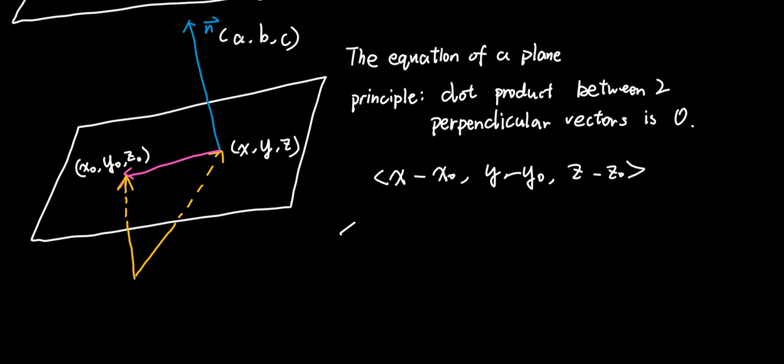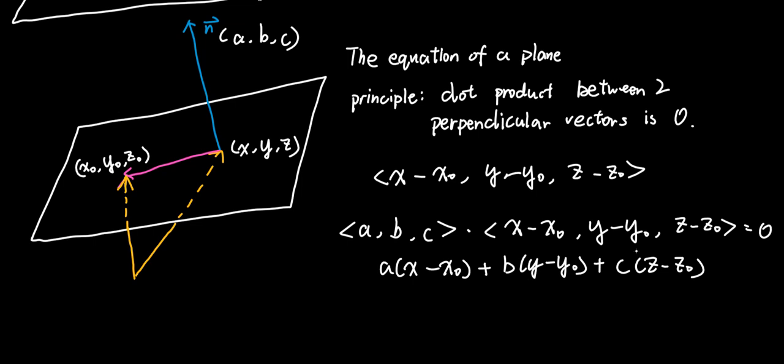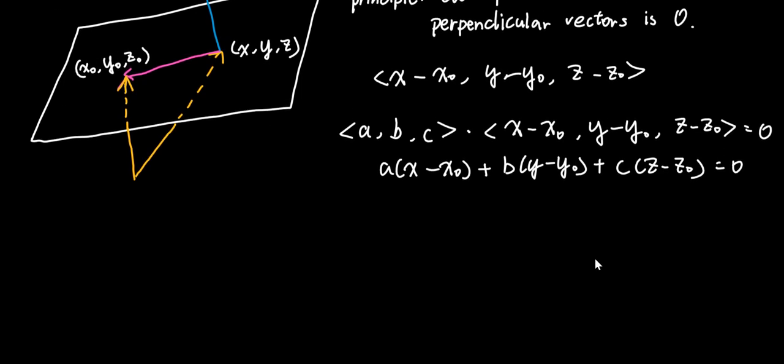So it becomes (a, b, c) dot (x minus x0, y minus y0, z minus z0) equals 0. And this becomes a times (x minus x0) plus b times (y minus y0) plus c times (z minus z0) equals 0.